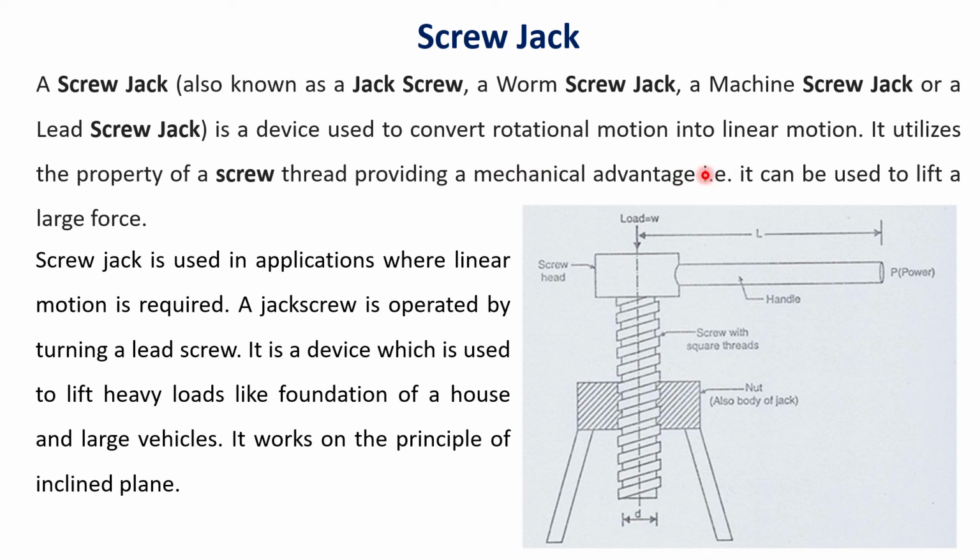You must have studied mechanical advantage in your class 11 and 12, how the mechanical advantage eta is calculated. That is, it can be used to lift a large force. You must have played the game of the seesaw in the park, and you must have enjoyed lifting and coming down with your friends.